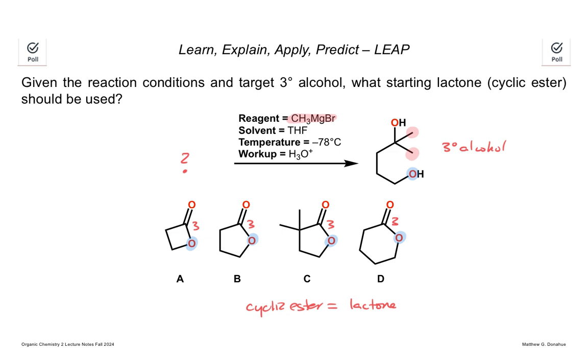So maybe I'll highlight in blue, or no, I think we're using yellow for the electrophile. And so we'll count from that yellow dot down to that blue highlighted oxygen.